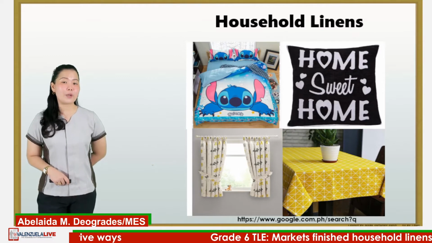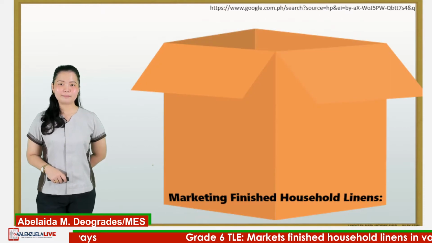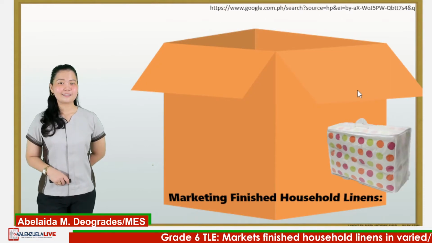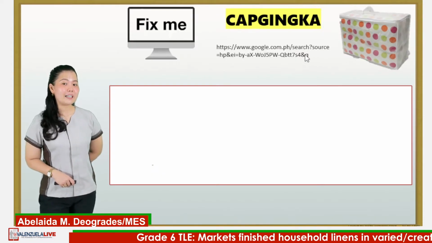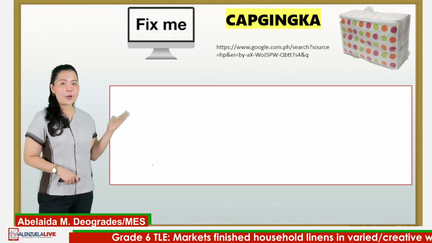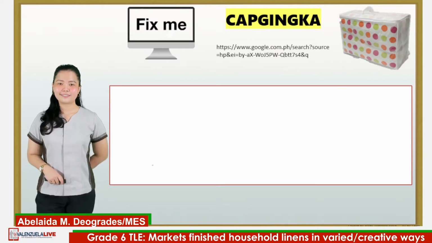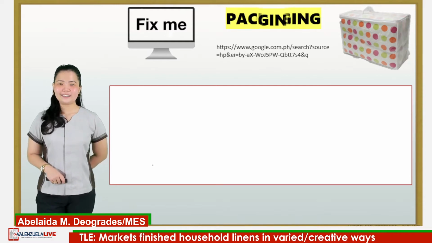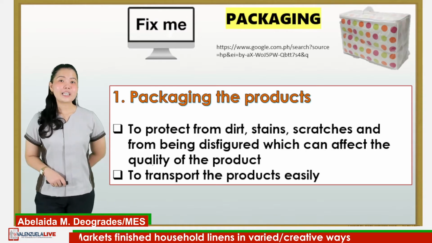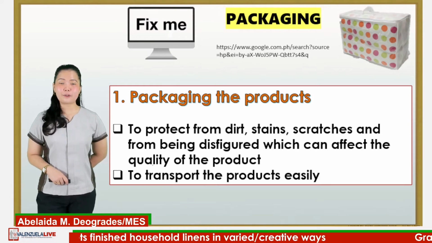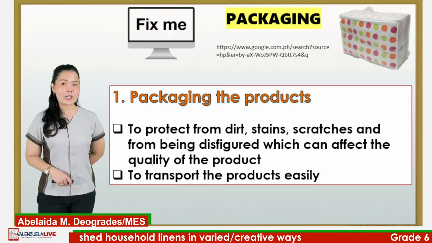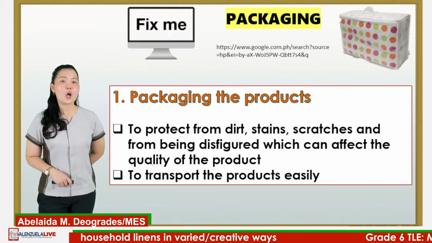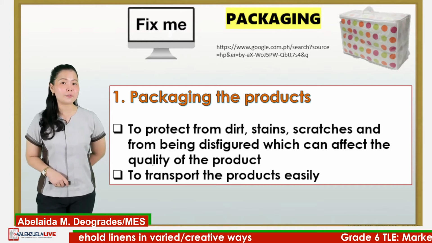Here are some ways. Let us start with number 1. Fix me. What word is formed? The answer is packaging. Packaging the products protects them from dirt, stains, scratches, and from being disfigured, which can affect the quality of the product.